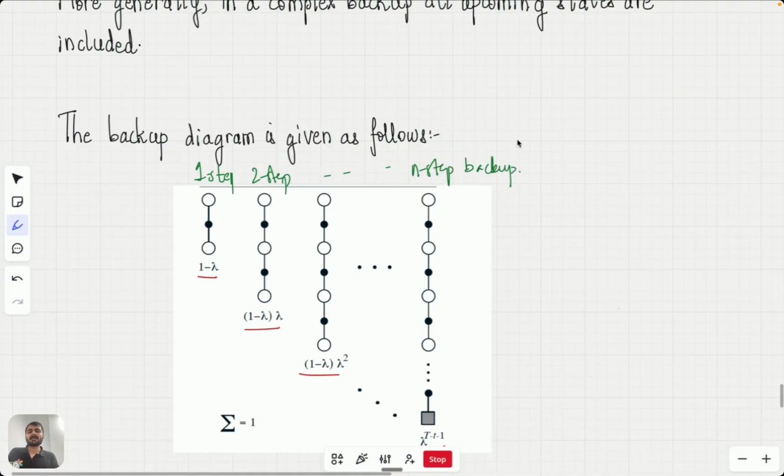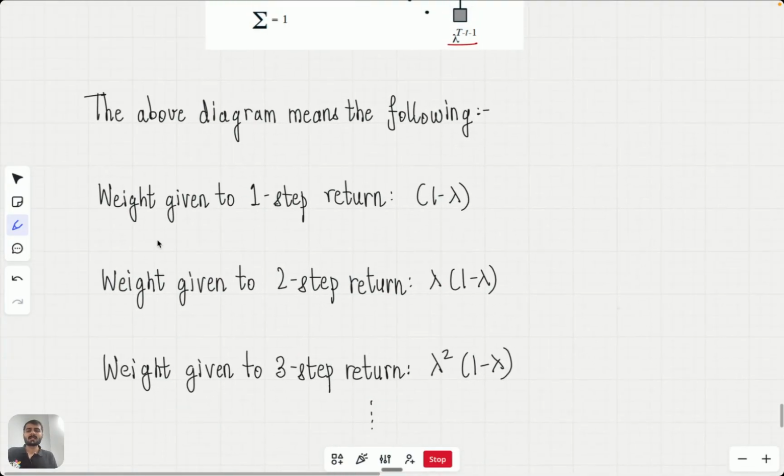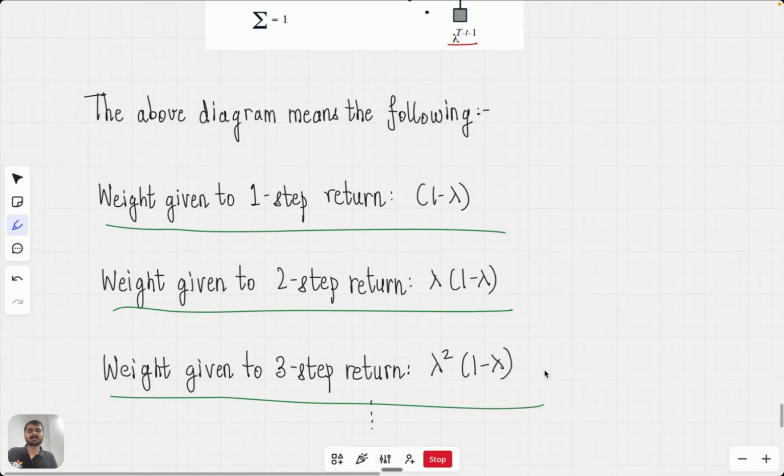And the weightage attached to each step is quite interesting. For a one-step backup, they attach a weight of 1 minus lambda. For a two-step backup, a weight of 1 minus lambda times lambda. For a three-step backup, a weight of 1 minus lambda times lambda squared. So this is how the weights are given to one-step returns, two-step returns, three-step returns, and so on.